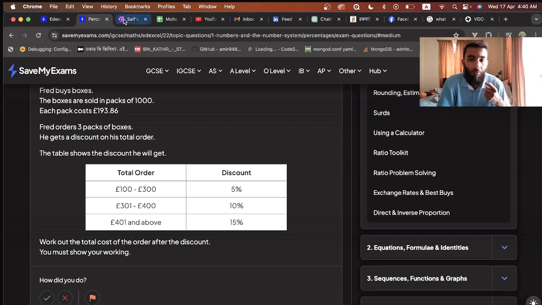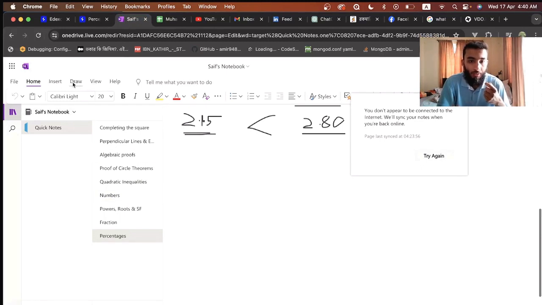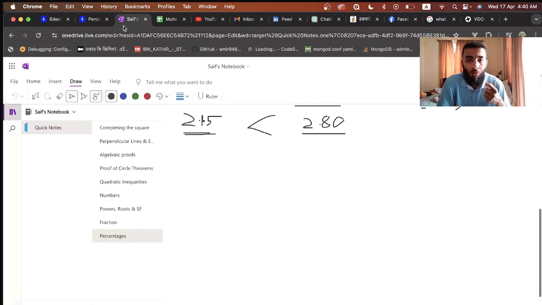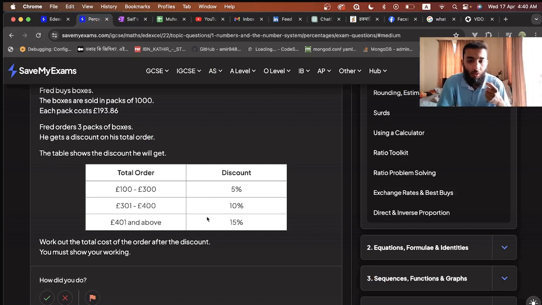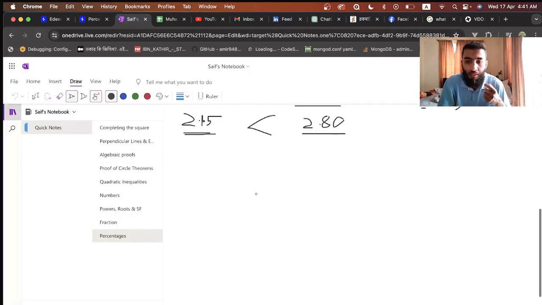So if I go to my notepad and use my pen tool, the order chart is given. Fred orders 3 packs of boxes and each pack costs 193.86 pounds.